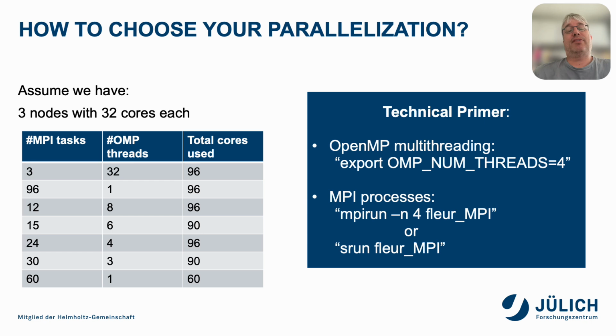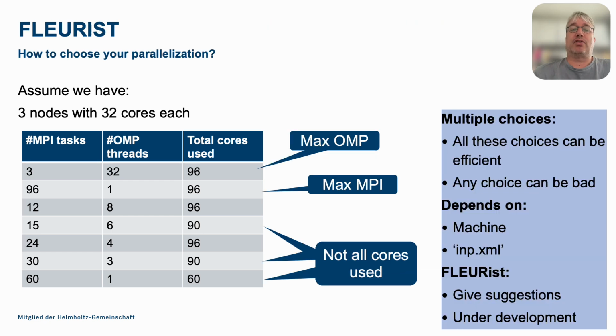Okay, but that still doesn't answer the question of how many processes you should really use and how you should distribute them. Usually, of course, it's a good idea to use all the cores you have, right? So you could say you use 32 OpenMP and 3 MPI, then you have the maximum OpenMP parallelization you can have.